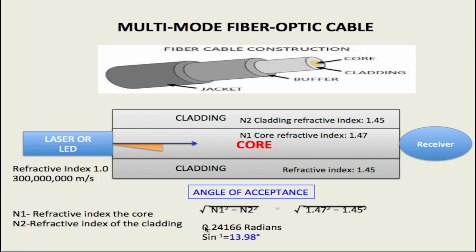And what we get here is 0.24166 radians. And of course we have to convert that to degrees because we need to know the angle. So we take the inverse sine of that, which we have listed here, sine with a -1 written there. That's the inverse sine, and that is equal to 13.98 degrees.